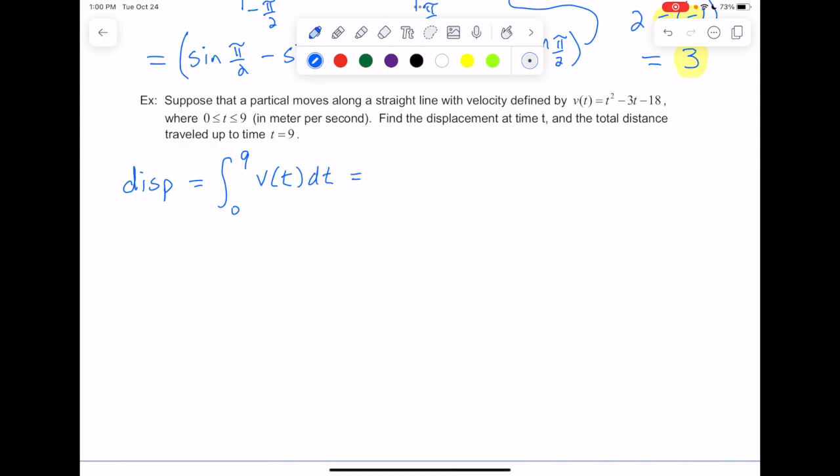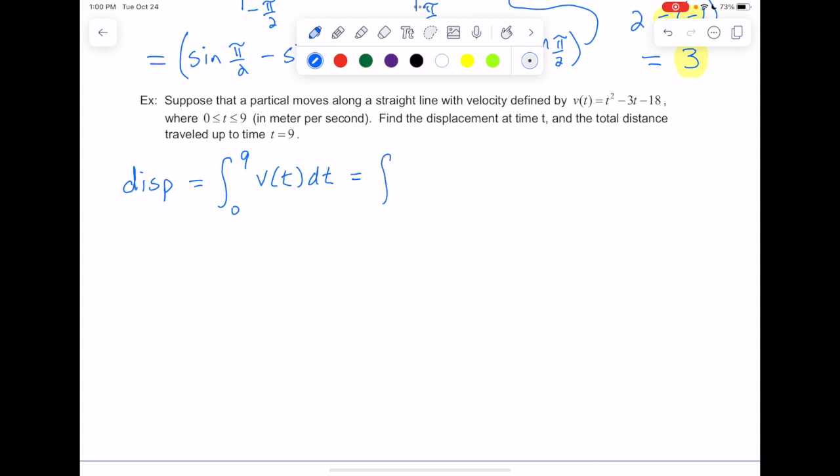Because the antiderivative of velocity is position, and then if you evaluate that from 0 to 9, you're going to plug in 9 and subtract what you get when you plug in 0. So you're just taking its ending position minus its beginning position, which is what displacement is. So for displacement, very simple. Displacement over a time interval is the definite integral over the time interval of velocity.